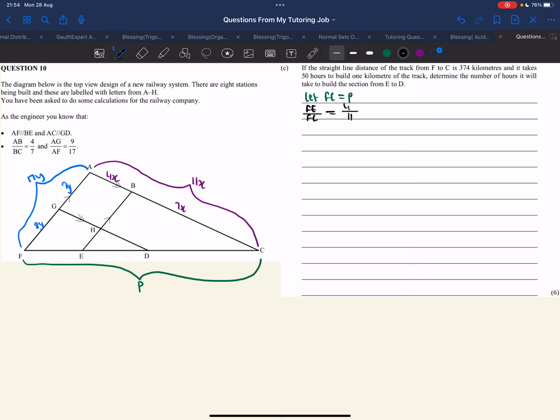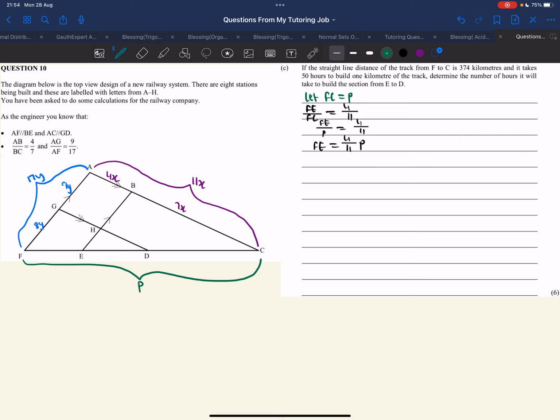Now we can say that FE over small letter p equals 4 over 11, and to find FE alone, it's basically going to be equal to 4 over 11p.